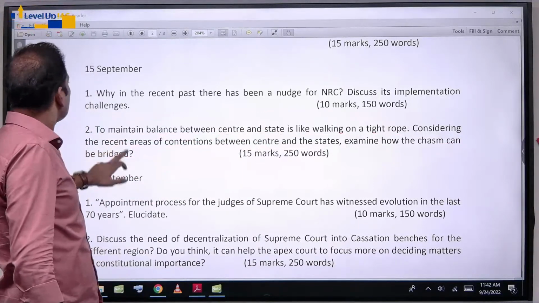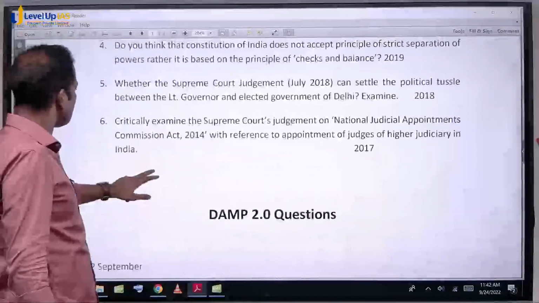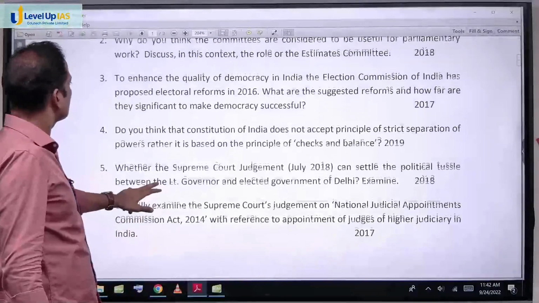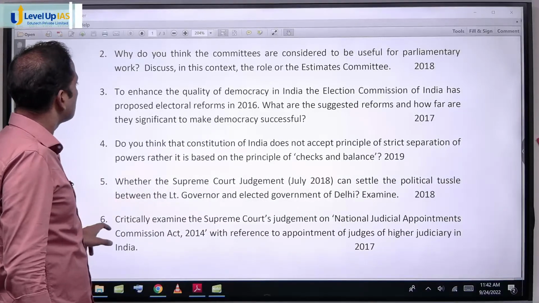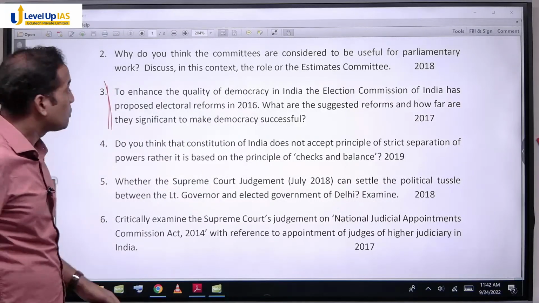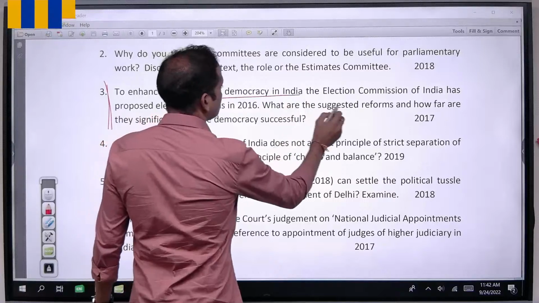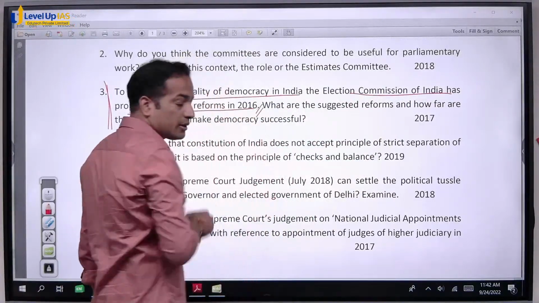I think in some of the previous year questions I have seen such a statement. Look at question number 3. To enhance the quality of democracy in India, the Election Commission has proposed electoral reforms in 2016.